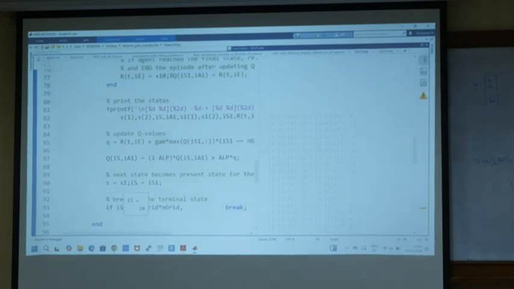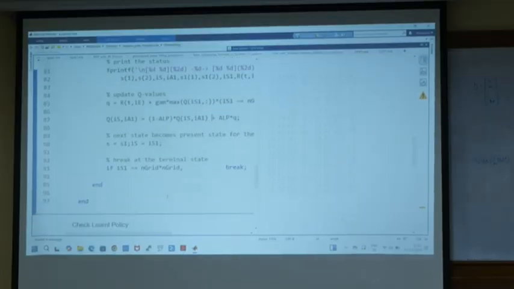Then this iteration is over. I will deliver this variable for the next iteration. So S1 becomes S and IS1 becomes IS. And if my next state is the terminal state, that is the 25, I will break the loop and go to the next episode.